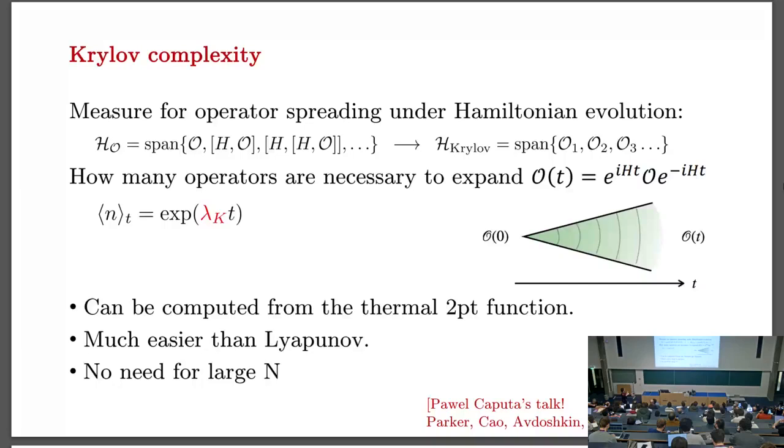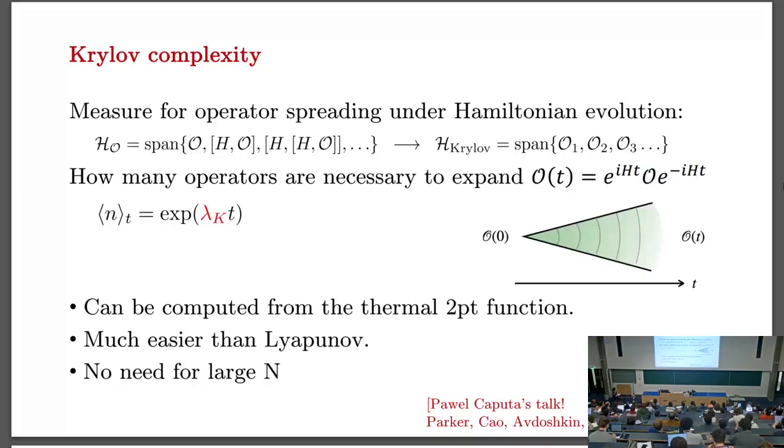What Krylov complexity answers is how many such operators are needed to expand the time-evolved operator. The average number of such operators is the Krylov complexity. It also behaves exponentially in chaotic systems, like a spreading epidemic mechanism, with a characteristic exponent known as the Krylov exponent.